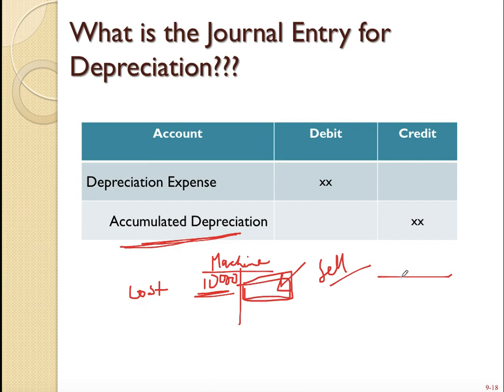So instead, we put the accumulated depreciation, I'm going to shortcut that as AD, and we'll put the credit here, rather than in the machine itself. And that way we look at those two accounts, the asset and the contra asset, sorry for my poor writing there. It's meant to say contra. We put those two together.